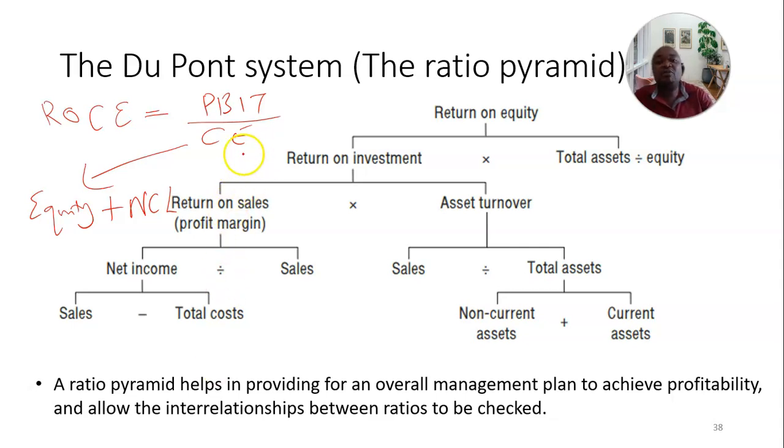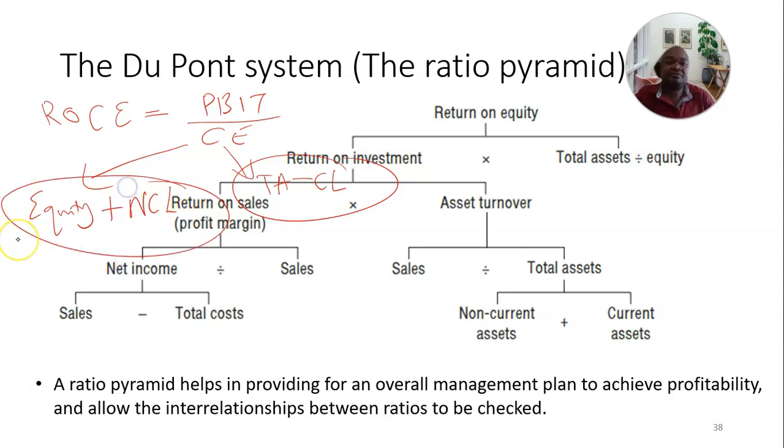You can as well compute capital employed by looking at the total assets less current liabilities. You are going to get the same figure of capital employed. Is it necessary? Yes, it's necessary, because we need to see how much we are earning as profit from our investments in long-term assets. So I thought it is very imperative to highlight this particular ratio before we move on.